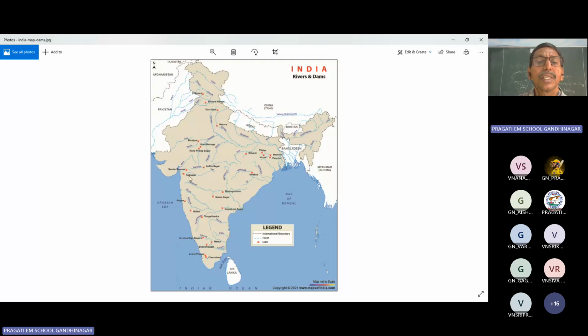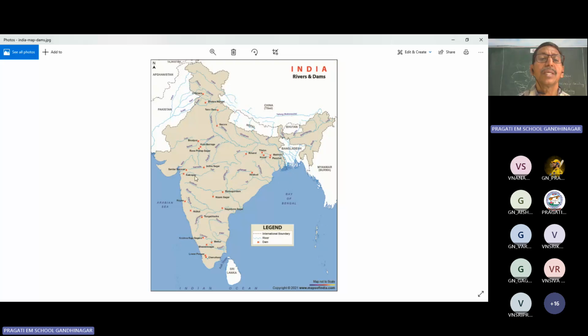and the disputes related to the Narmada River, Sardar Sarovar Dam, because the NBA movement was organized by the people of Maharashtra, Madhya Pradesh, Rajasthan, Gujarat.